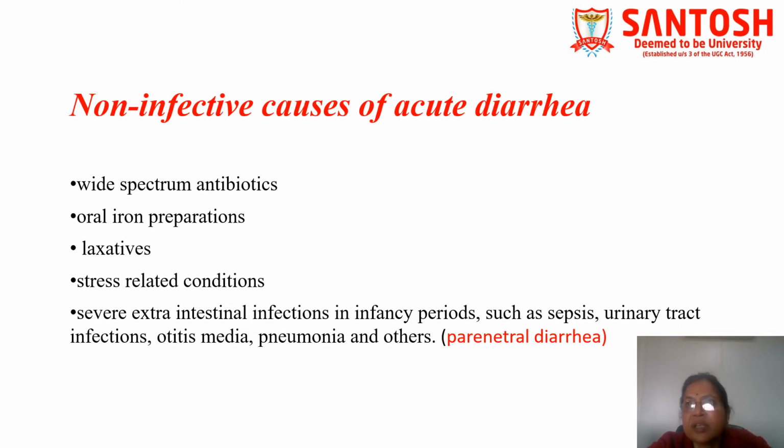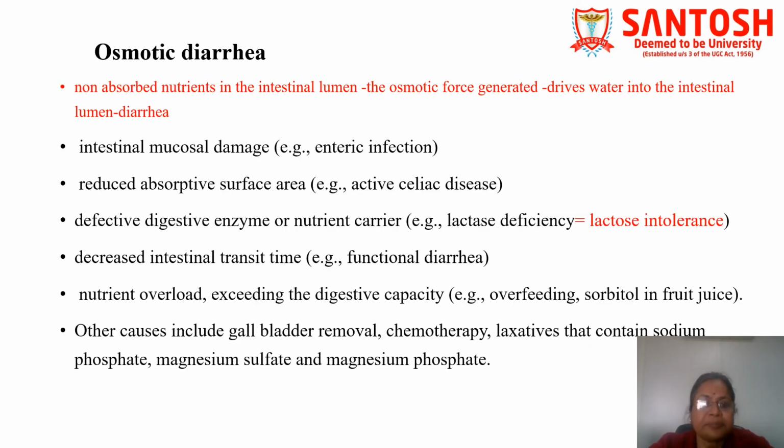But the parents bring him to us with the chief complaints of diarrhea. So that is known as parenteral. One thing is osmotic diarrhea. Many a times when we drink fruit juices, carbohydrate juices, baby may start passing loose motions. And that is again not because of infection, but because of non-infective causes.